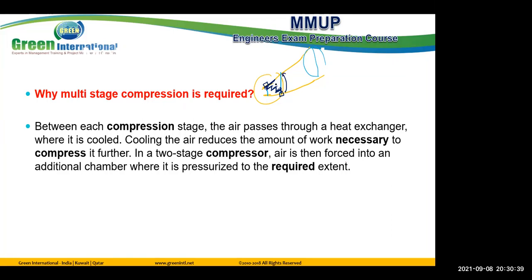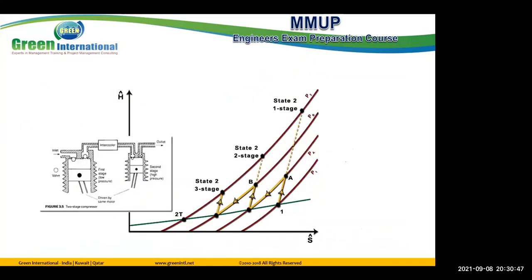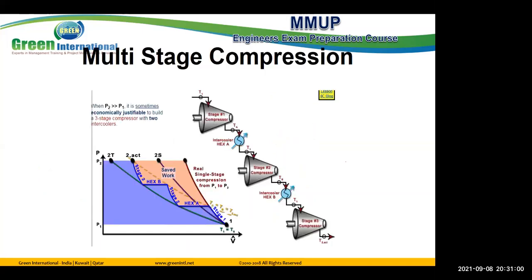So multi-stage compression decreases the power consumed by the compressor. This shape defines what we said: this is the first stage, going to the intercooler, then the second stage. This gives you the shape for saving work.